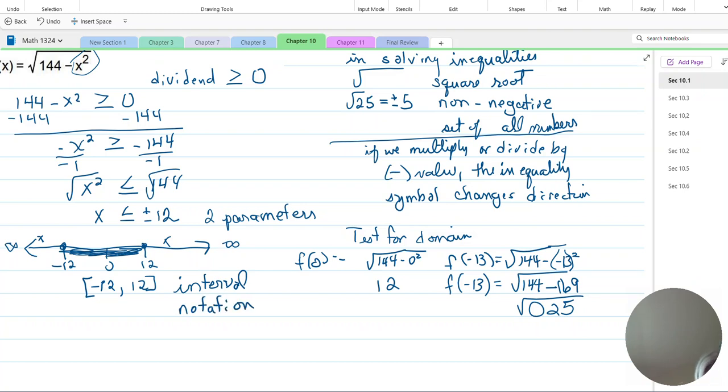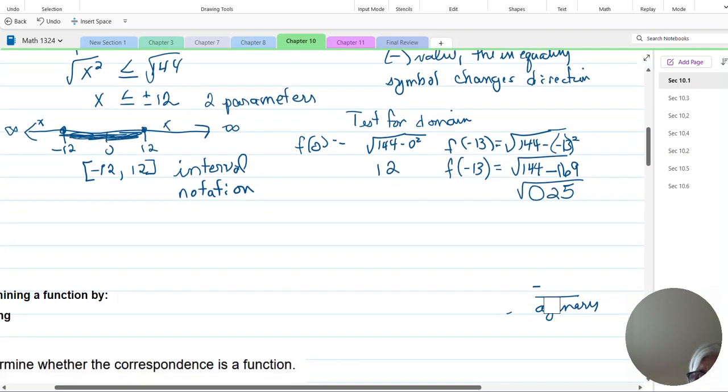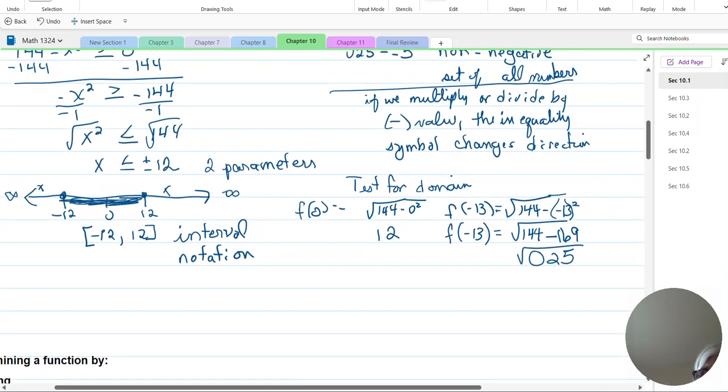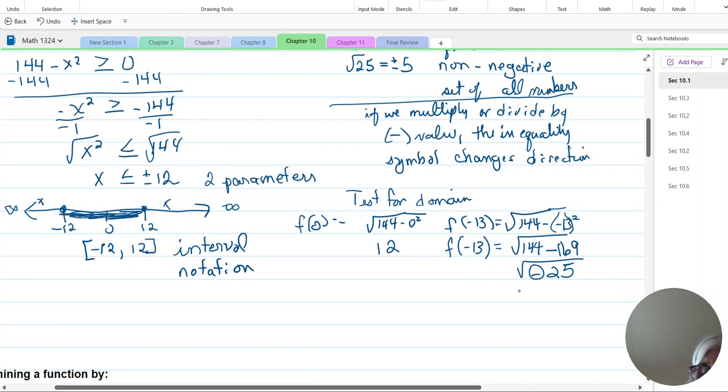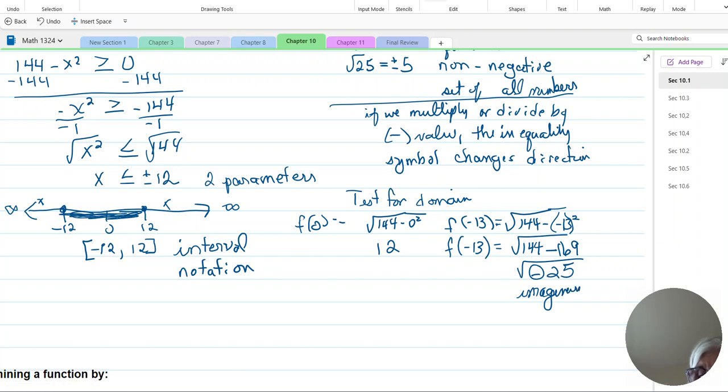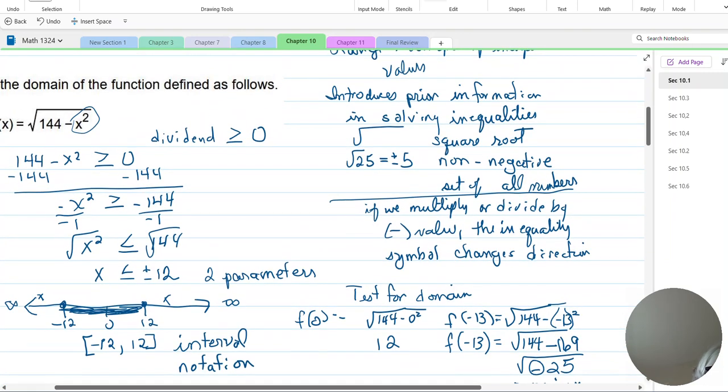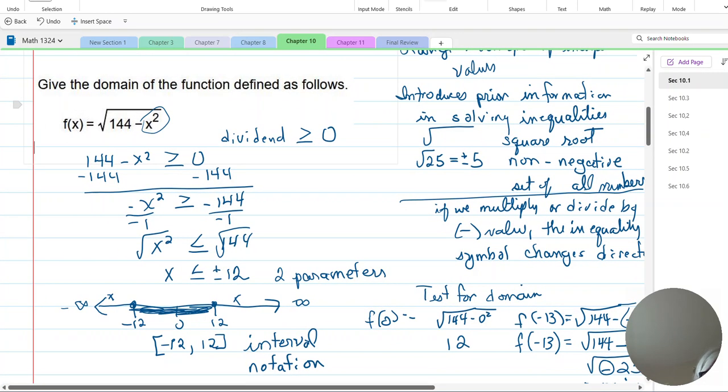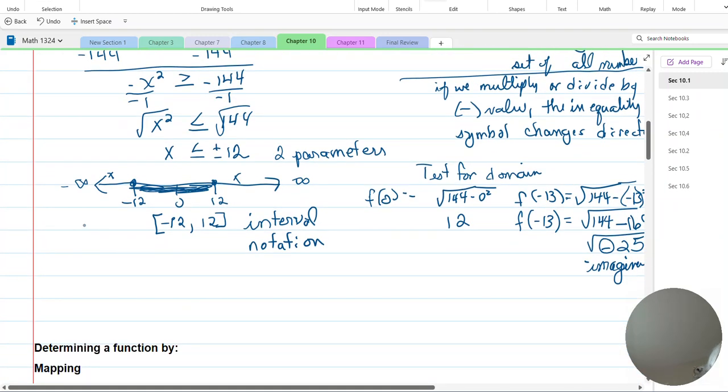So we're reviewing a lot of math in that one figure. Now they wanted to see what else they wanted. All right. So they wanted domain of the function, and we gave it the domain.